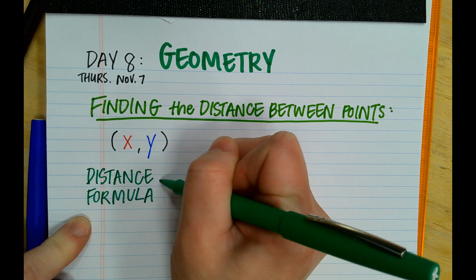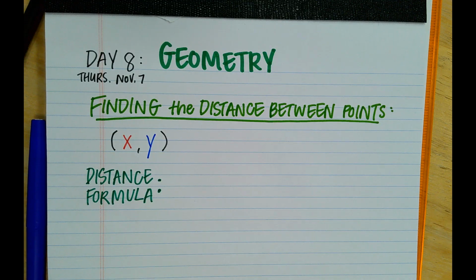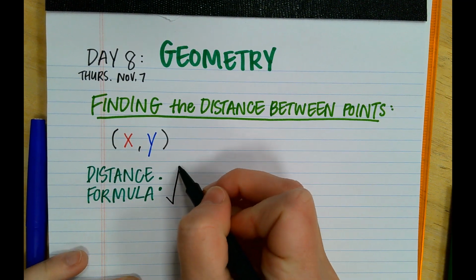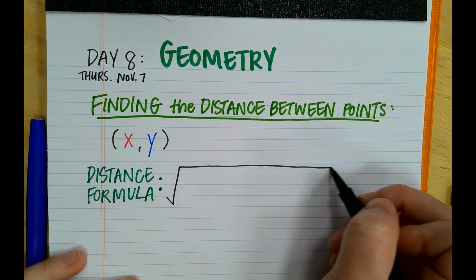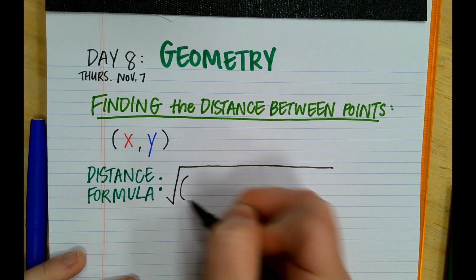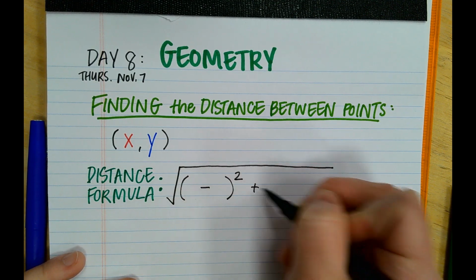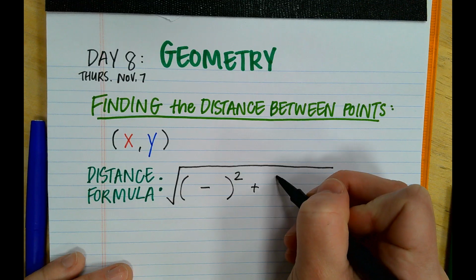Distance formula: we're going to write it again. Square root, x2 minus x1 squared plus y2 minus y1 squared.